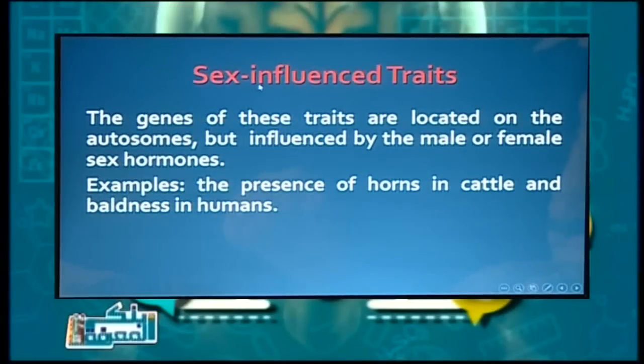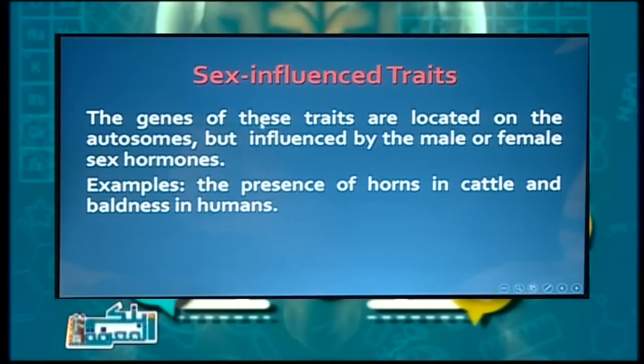Now another title, which is sex-influenced traits, and these traits are due to the presence of some genes located on the autosomes but not on the sex chromosomes. And these genes need environmental conditions to show their characters, or to appear. And these environmental conditions are the sex hormones.